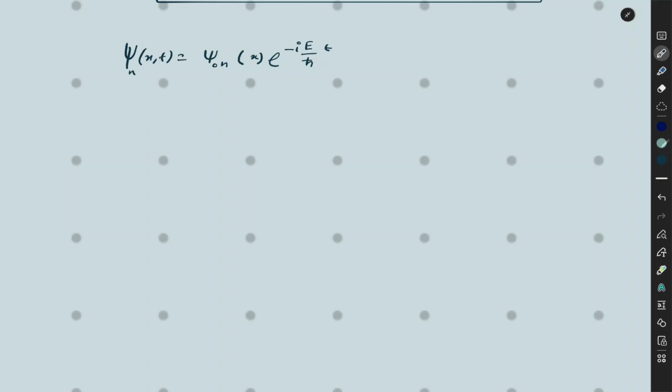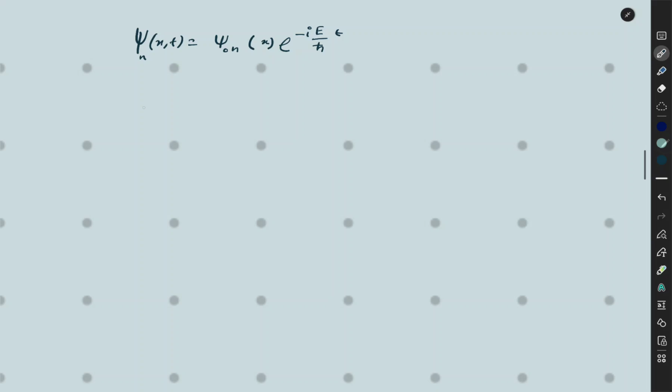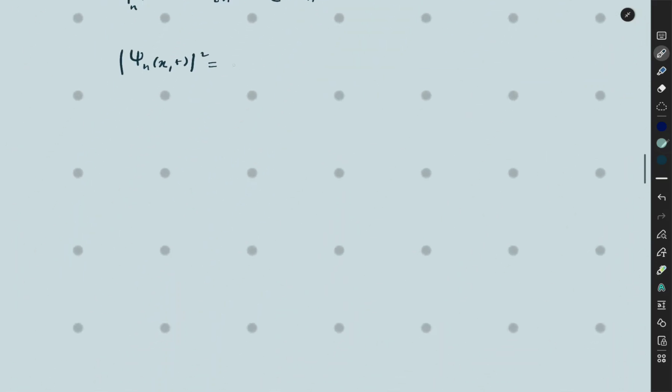Let us take this as n because we are considering it for the nth one. Therefore psi n of x comma t, we'll take the modulus of this and then square it, equal to the conjugate, that is psi n with a star, times psi n.